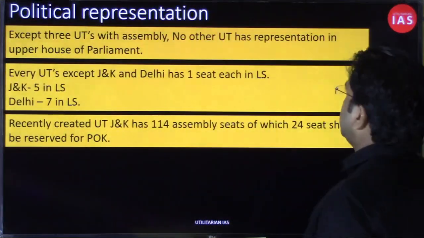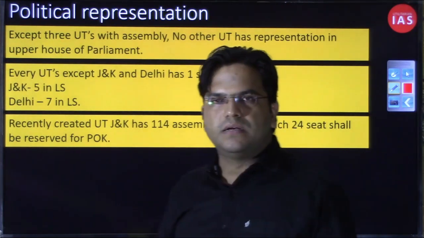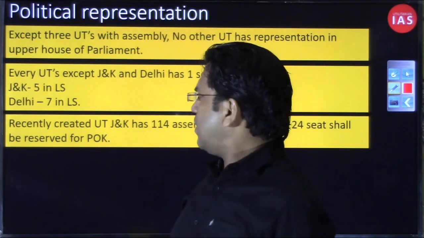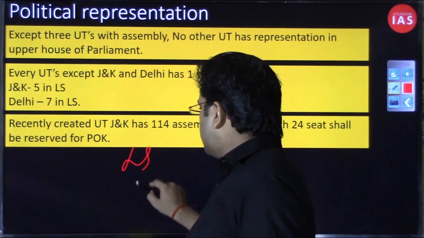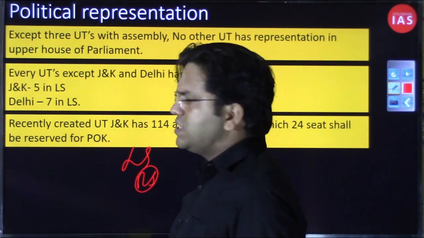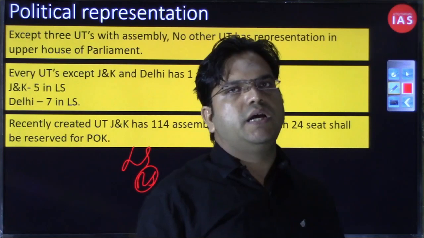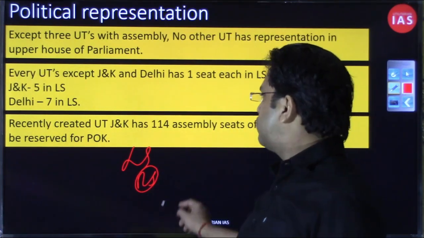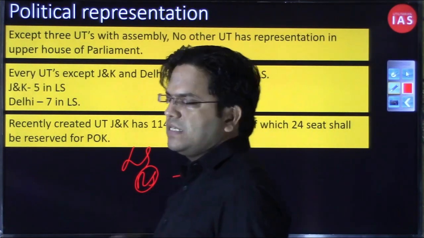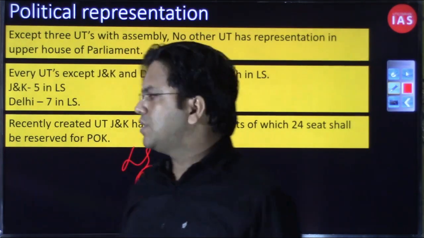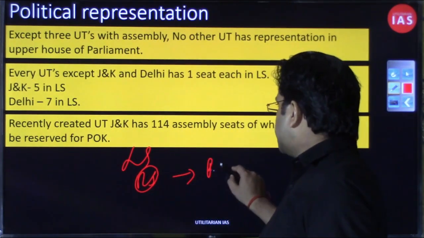Now let us move to the next slide and discuss the political representation. When I say political representation, I am talking about the Lok Sabha and Rajya Sabha. As far as representation of these union territories in the Rajya Sabha is concerned, only the 3 union territories that have an assembly have it.